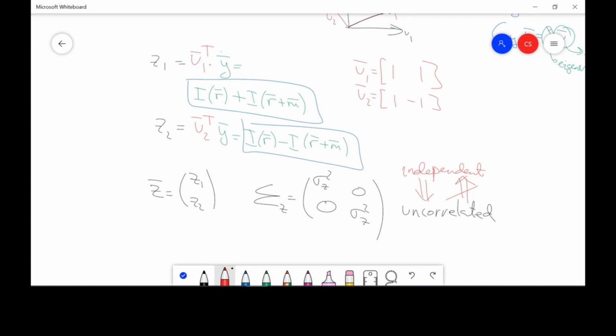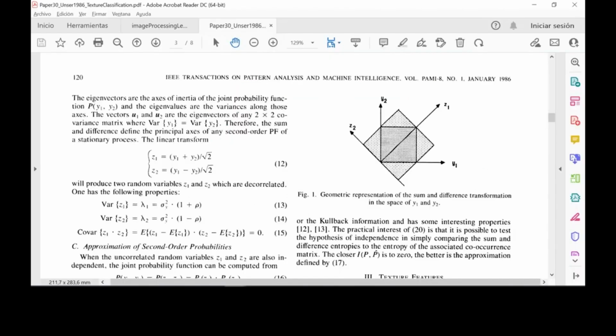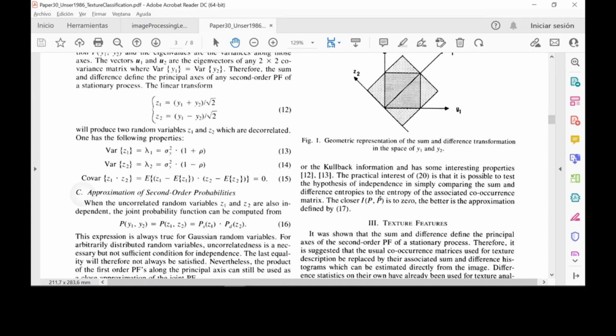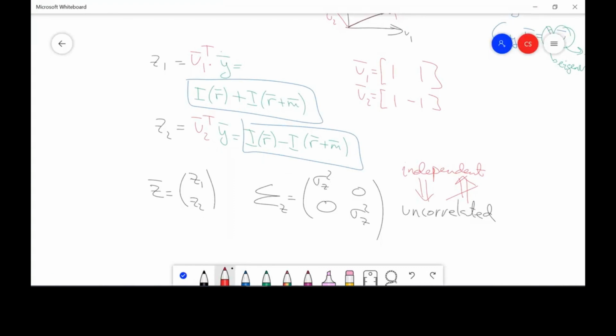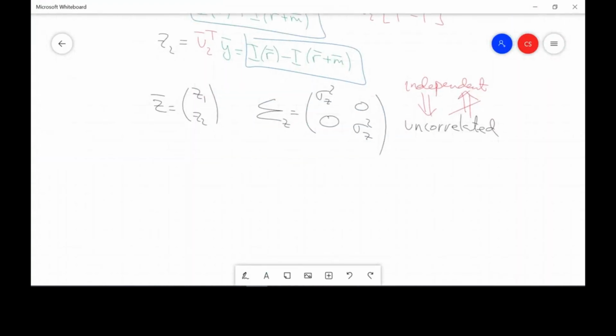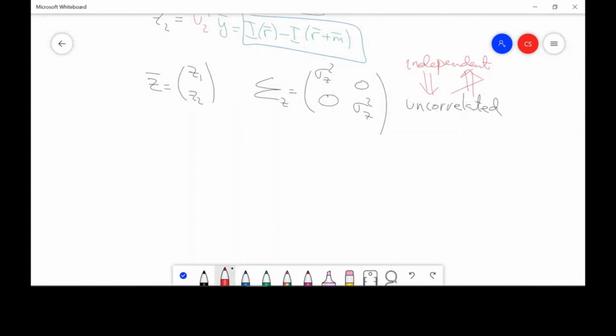Okay, good. Then, they are uncorrelated, and the variance is this one. And the covariance between the two is 0. Now, I'm sure you know about this. So let's say that we had an original vector y.